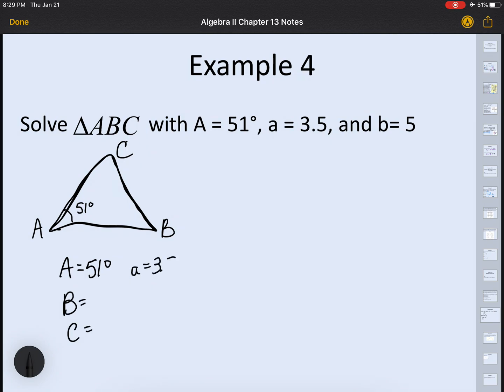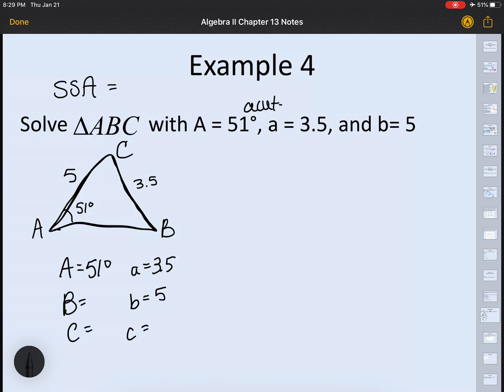Side length A is 3.5. And side length B is 5. So again, we got a side-side-angle situation going on. And our angle A is acute.